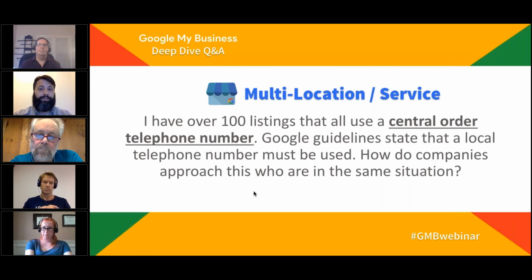So workarounds include creating phone numbers that get routed to a central line, if you did want a local phone number. But state clearly that if you get pushback, certainly when you're doing a bulk verification of a chain, it might be because your website does have local numbers on it. That would be a mistake.